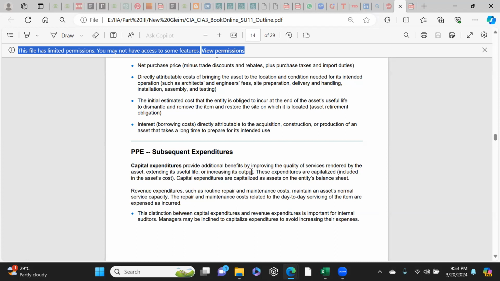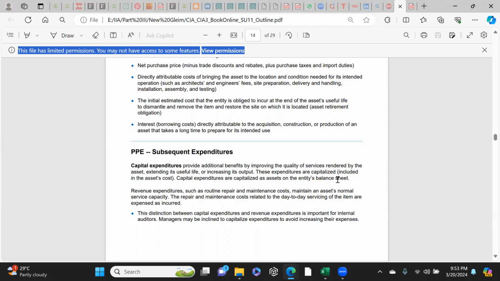Efficiencies may be improved. These expenditures are capitalized, included in the asset's cost, as the asset on the entity's balance sheet. So sometimes you make these asset improvements, which will increase the useful life, the output, and the efficiencies.